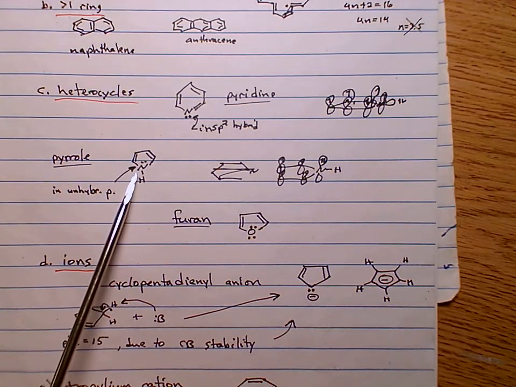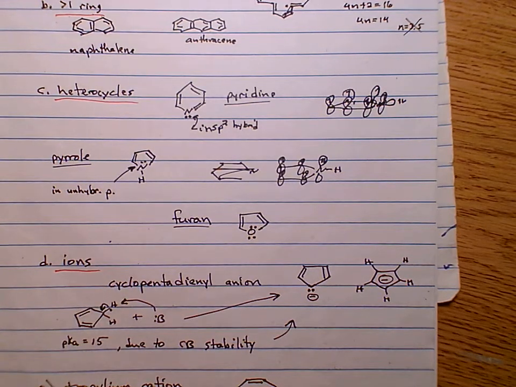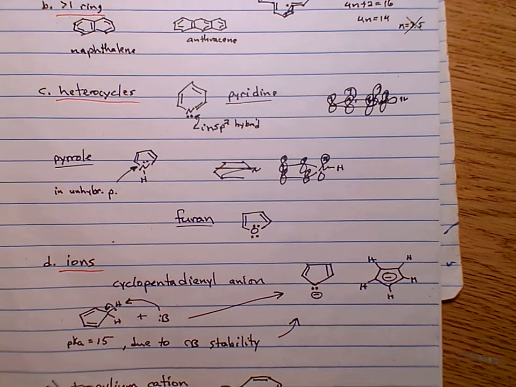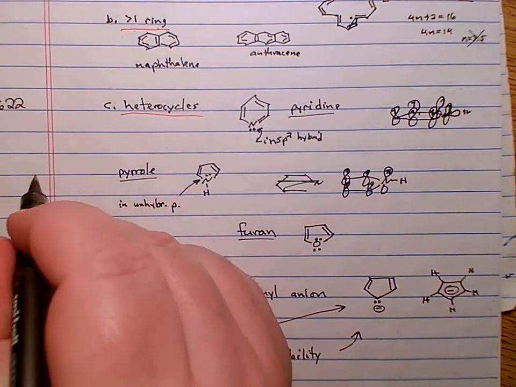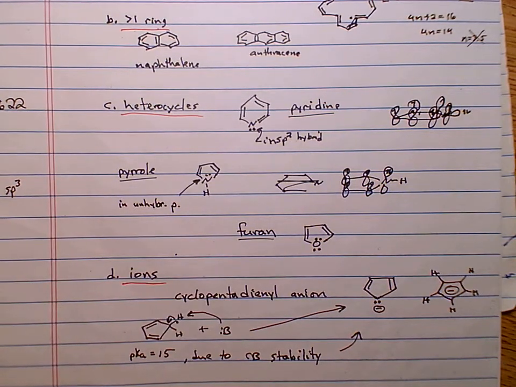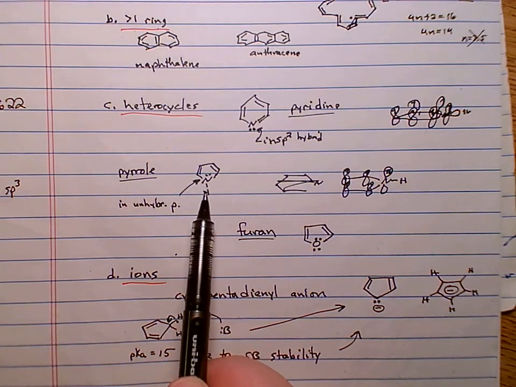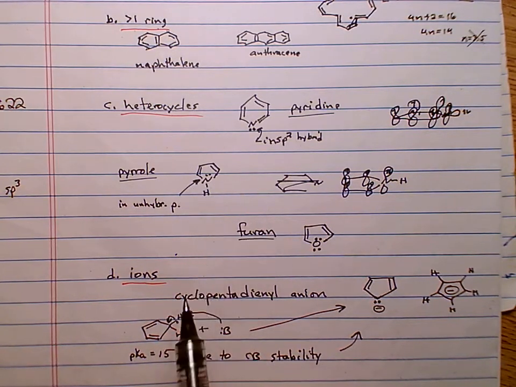If you were to do the Lewis structure following your Gen Chem 1 rules, you would label that nitrogen as sp3 hybridized. Because what do we have coming off of it? A single bond, a single bond, a single bond, and a lone pair.